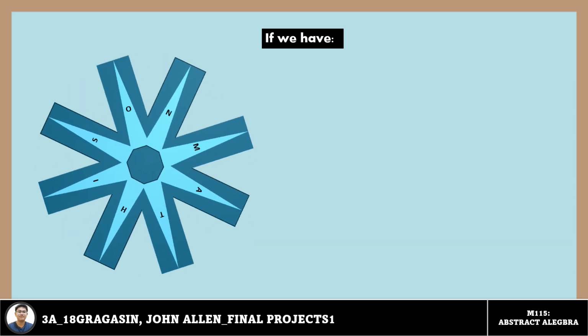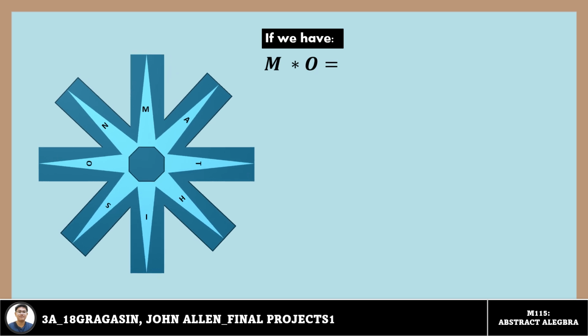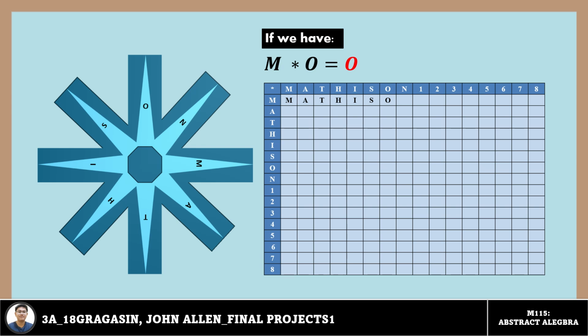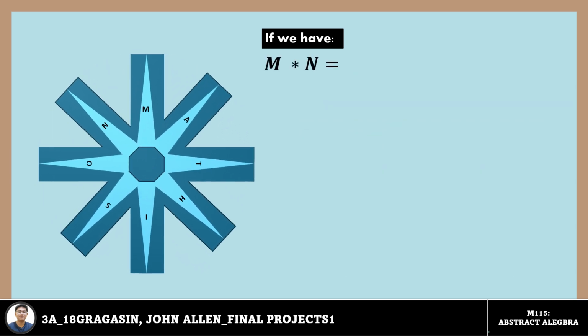Next, if M star O or do nothing, then we rotate it by 270 degrees counterclockwise. Our answer would be the element O. Next, if M star N or do nothing, then we rotate it by 315 counterclockwise.